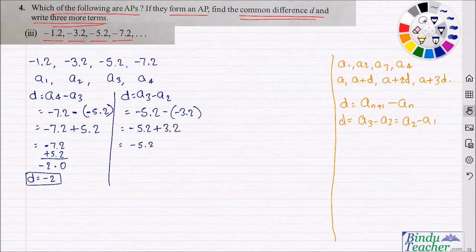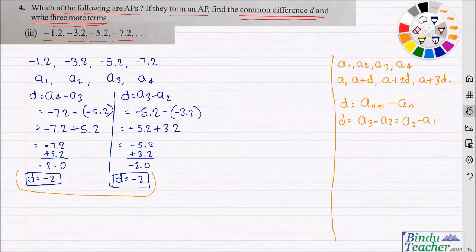So minus 5.2 plus 3.2. We get the answer minus 2.0, which is the same as minus 2. So with this we can see that we got the same common difference between A4 minus A3 and A3 minus A2. So with this we can say that yes, this list of numbers form an arithmetic progression.